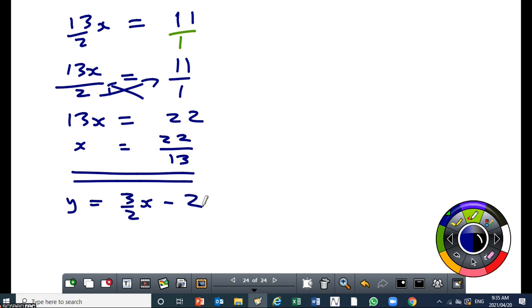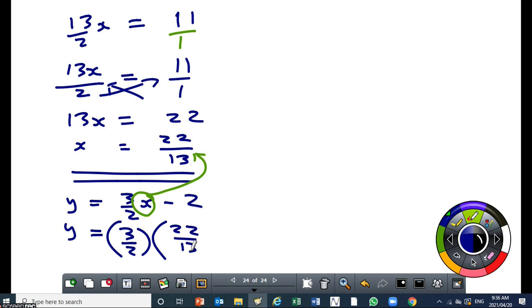Where there is x, I'm going to put that 22 over 13. So if I do that, I'll get y equal to 3 over 2. I would advise you to put the 3 over 2 in brackets because our x is an improper fraction. That's 22 over 13, all minus 2.